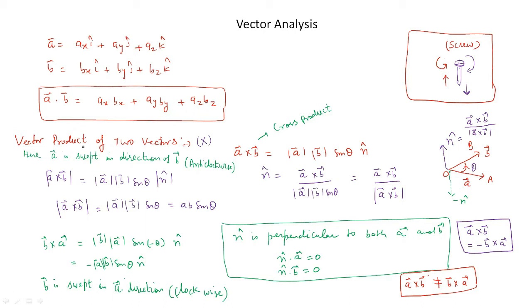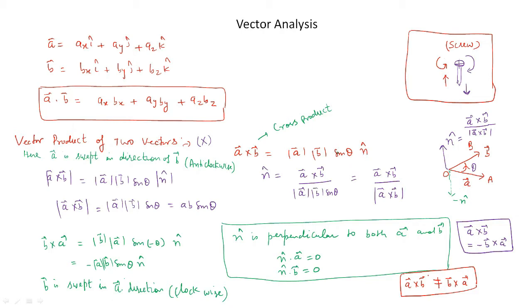Now we will define the vector product or cross product of the two vectors. It is represented by a cross. Now the vector product of the two vectors is defined as A cross B, and it is equal to a vector quantity, which is written as vector A modulus, vector B modulus, sine theta, unit vector n.